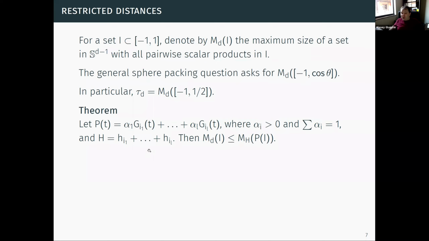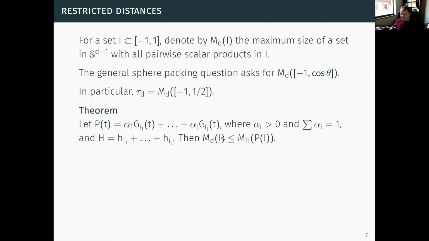Then all scalar products, if they were in the interval I, now belong to the interval P of I. So if we can say something about this packing bound in a higher dimension, then of course we can conclude something about our packing bound in a smaller dimension.